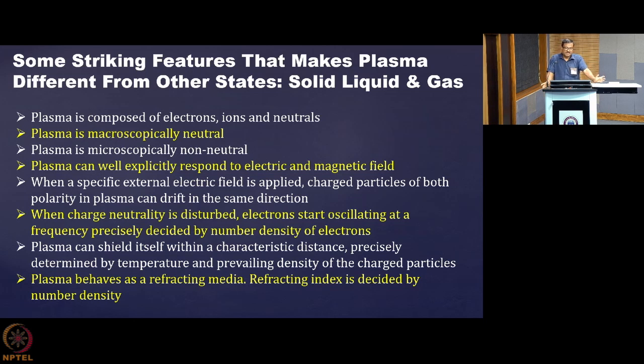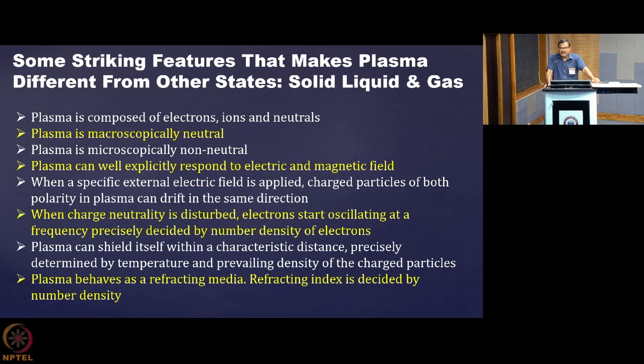Once the cause has disappeared, the particles will try to restore the charge neutrality because of the electric field that is created by the separation, but they will overshoot from their equilibrium position like a pendulum. So depending on the kind of plasma that you have created, plasma restores its charge neutrality through oscillation at a very particular frequency. So that is again a very characteristic feature of any plasma, a certain plasma oscillation frequency. We'll come to know about this and we'll derive an expression for that also.